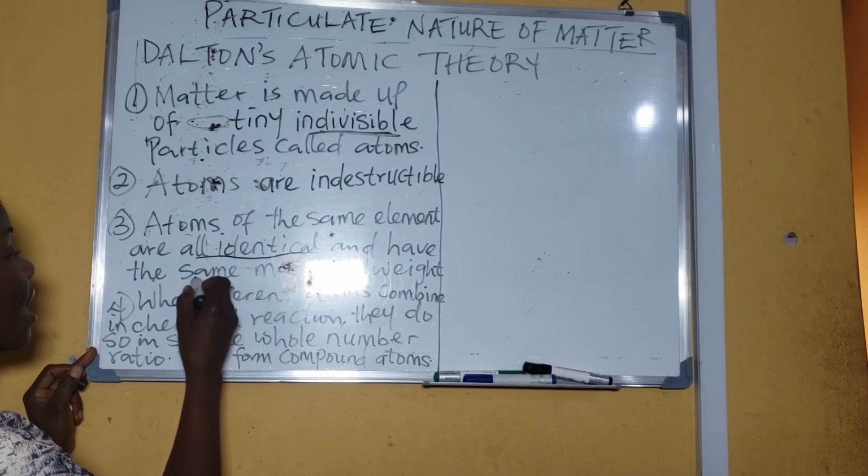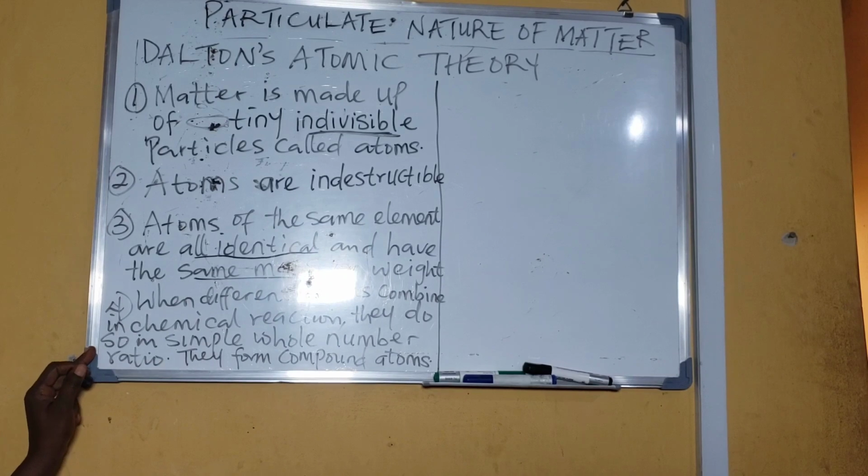The reason why I'm underlining these words is because over the years there have been modifications to this theory. In a short bit we shall look at the modifications of Dalton's atomic theory.